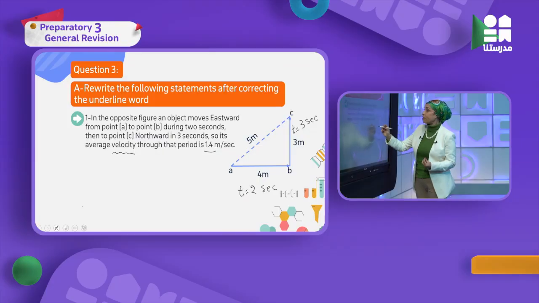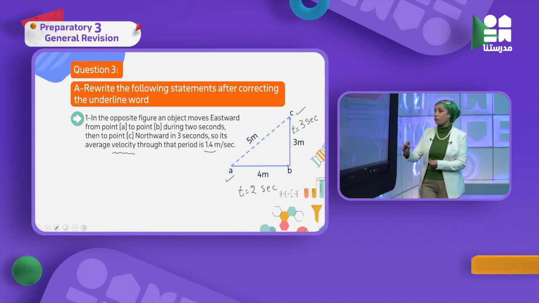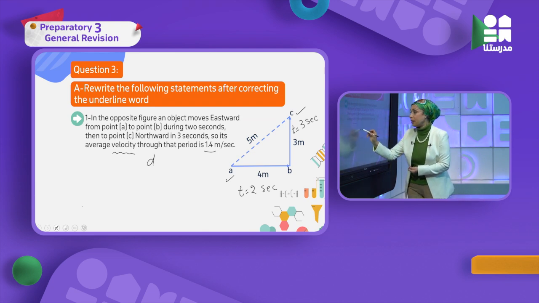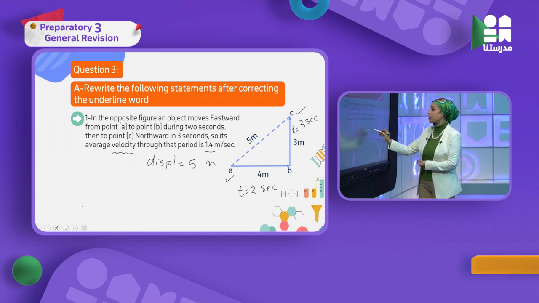Let's go back and see. It's the straight line from the starting point to the ending point, which is C. So here the displacement is 5 meter. This is the amount of the displacement.